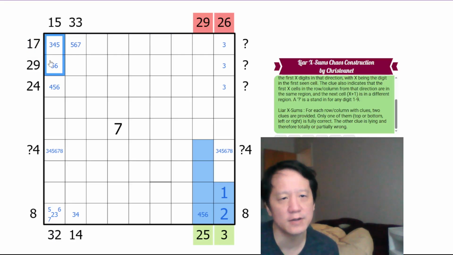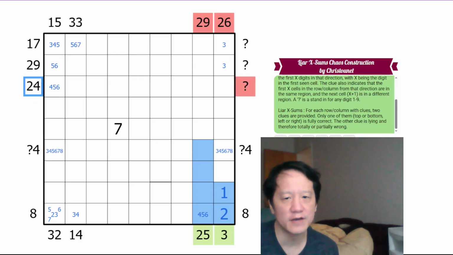So one of these 2 must be valid, which means it says 3. So one of these 2 is valid because both of these cannot be valid. So one of these is a 3. That means this is invalid, which would make that valid there. So we know this is all the same region.